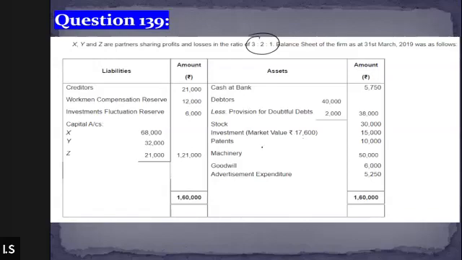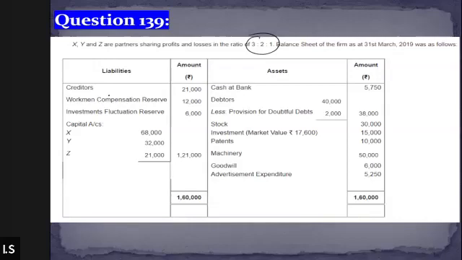Stock 30,000, investment, the market value of the investment is given as 117,600, and then the patents, machinery, goodwill, advertisement expenditure, all these things. On the liability side, we have creditors, workmen compensation reserve, investment fluctuation reserve, and capital accounts given for the partners, right?